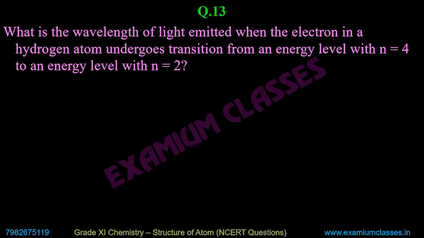Next question. What is the wavelength of light emitted when the electron in a hydrogen atom undergoes transition from energy level n equals 4 to energy level n equals 2? Now this question, I will show you the answer later on. But first, I'll ask a few students to tell me the related formula and the values of N1 and N2, out of 4 and 2, which will be N1, which will be N2, according to the formula.